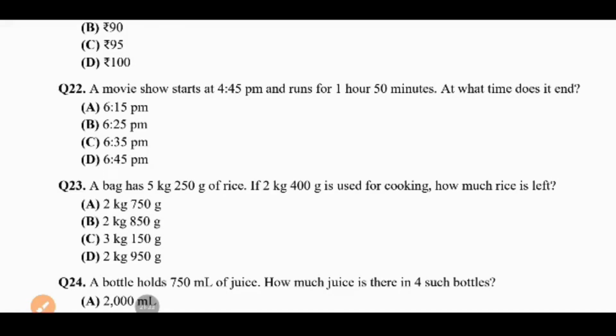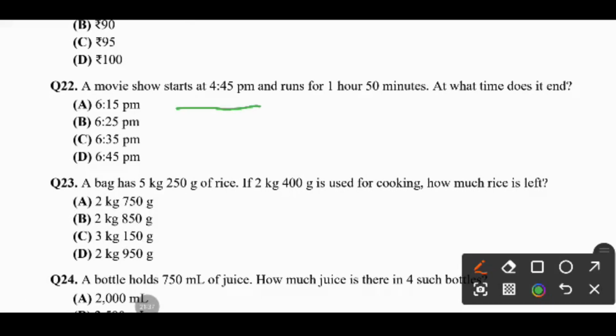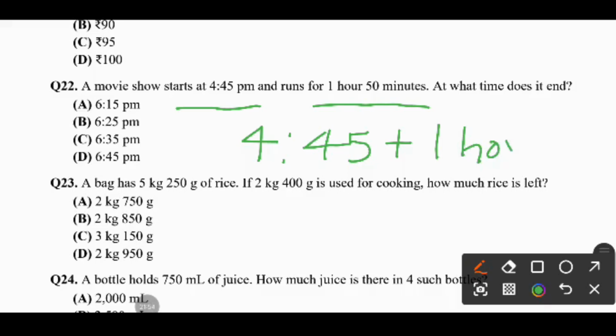The information we have is that the movie starts at 4:45 and its length is 1 hour 50 minutes. So we write 4:45 plus 1 hour. The 1 hour will be added to the hours, because this is hour and this is minutes.